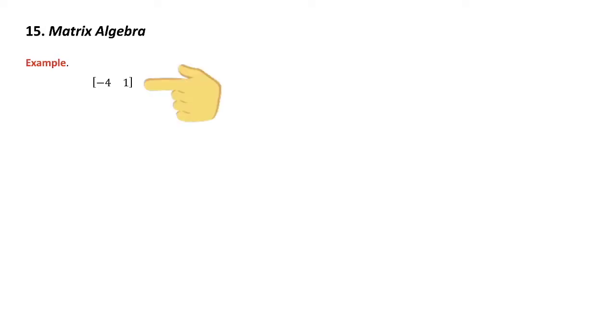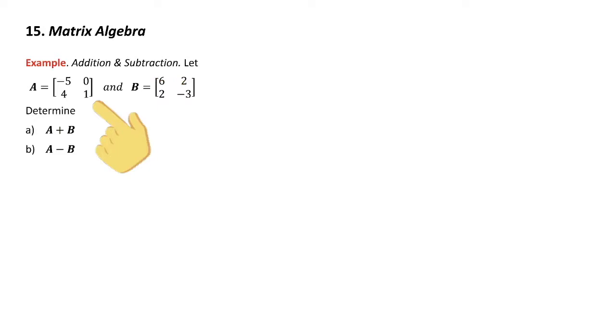And this is another special case, 1 by 2, 1 row and 2 columns. This is called a row vector because it's just a row. So a vector is a special case of a matrix, where it's just a row or a column. Okay, so these are the building blocks.